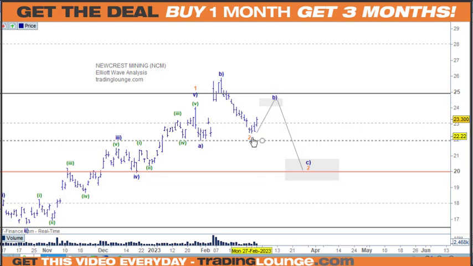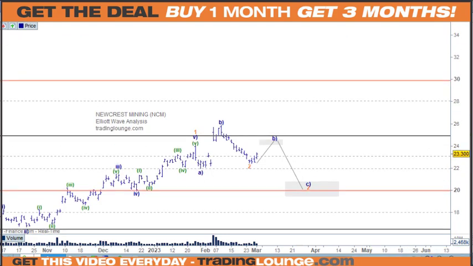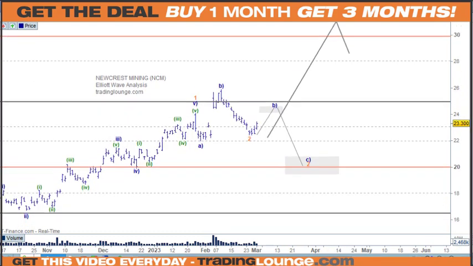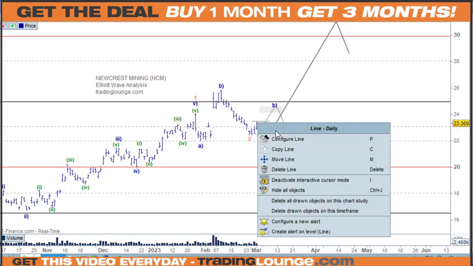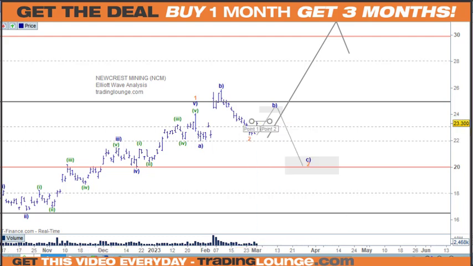So if that is wave 2, well then wave 3 is going to go up here somewhere, right? So then I think to myself, why don't I just get half a position in here, or something smaller anyway, and so we'll give that the green light there.